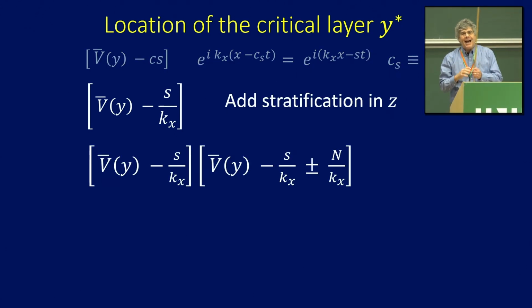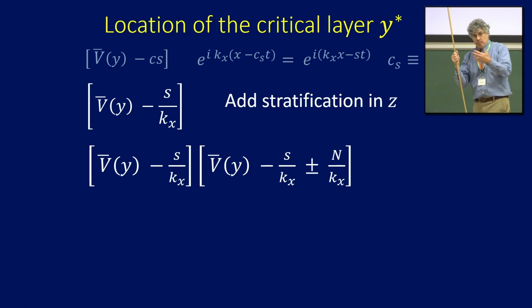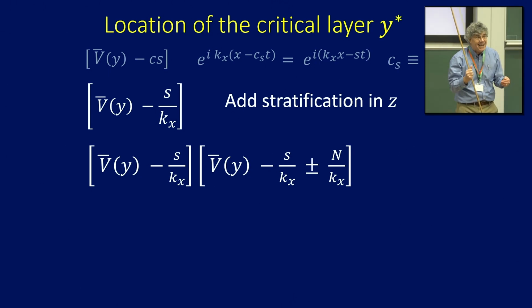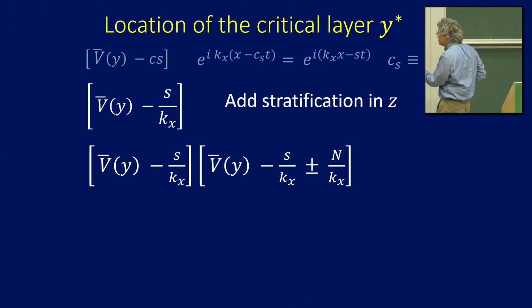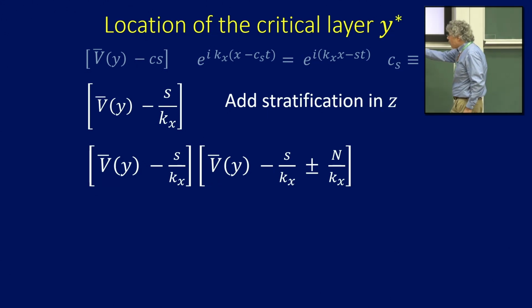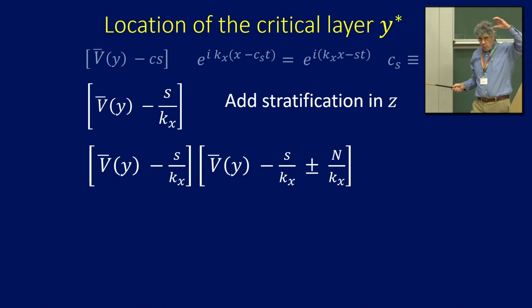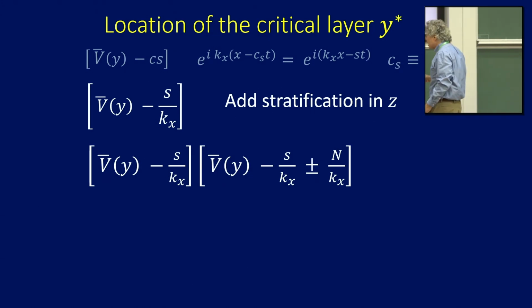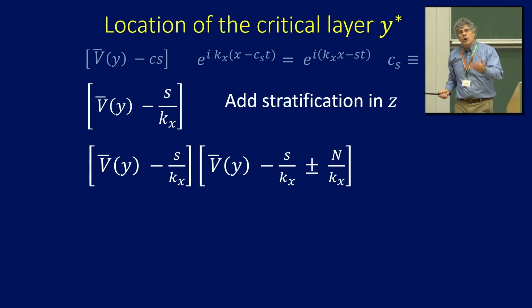But if you add vertical stratification, and I'm doing this for just a Boussinesq fluid because it's easy to explain, and in fact it's a problem I regularly assign my first year graduate students, the coefficient in front of the highest order derivative term, for what has now replaced the Rayleigh equation, has a second term in it, and if this term is equal to 0, you get a new kind of critical layer.